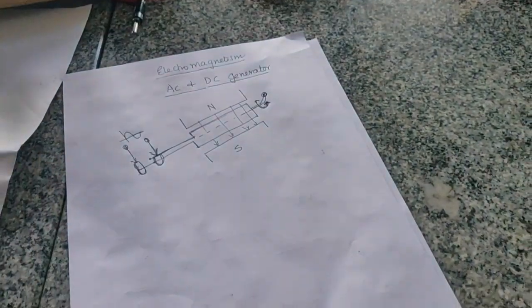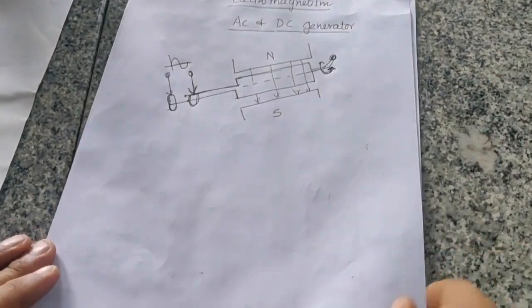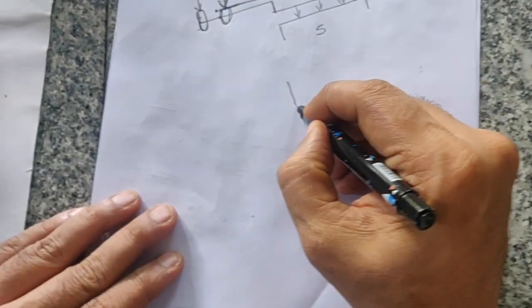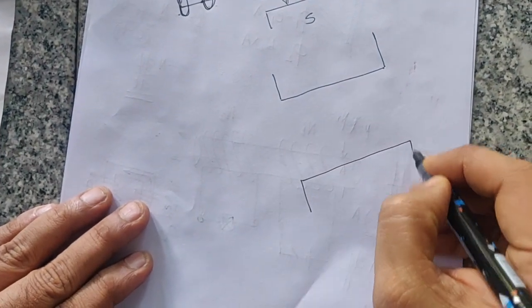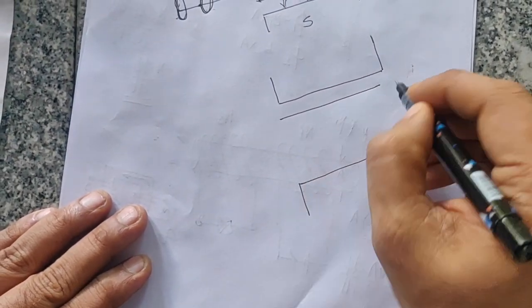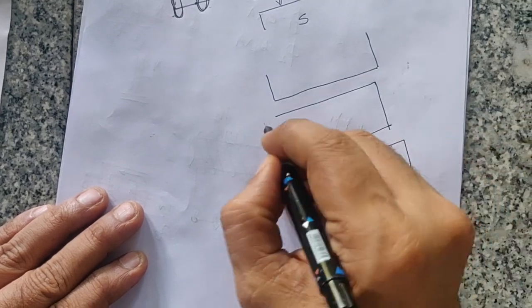So to draw your DC generator would be exactly the same as your AC generator. The first part is exactly the same.